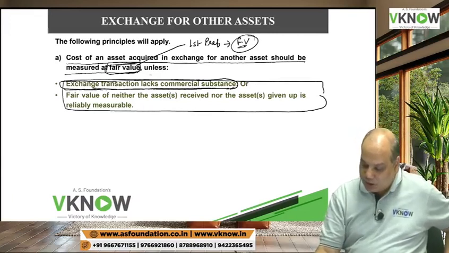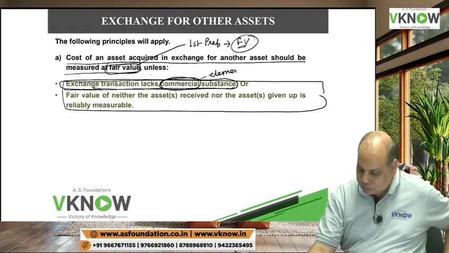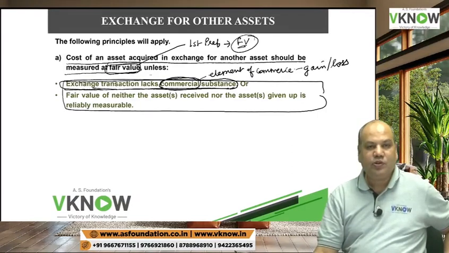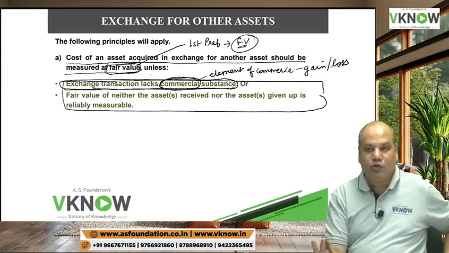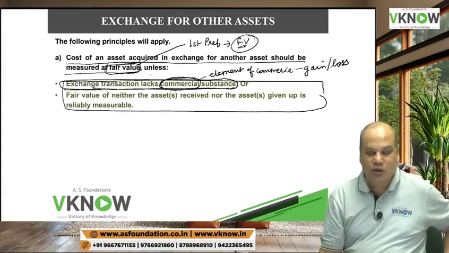Now, what do you mean by commercial substance? There must be some element of commerce. Element of commerce means there must be some gain or loss in the transaction. If there is no gain, no loss, no benefit, then it is not commercial substance.